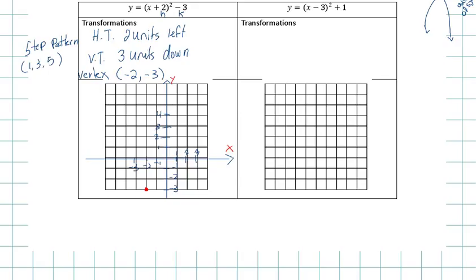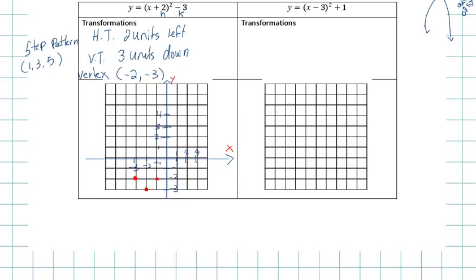Now the step pattern says you're going to go up 1, over 1, right? So from the vertex, you're going to go up 1, over 1, over to both sides, that will be your next points. I'm going to repeat that. Up 1, over 1. You're going to go over 1 in both directions. Now, from that point, what does the step pattern say next? How much do I go up? Up 3. You're always going over 1.